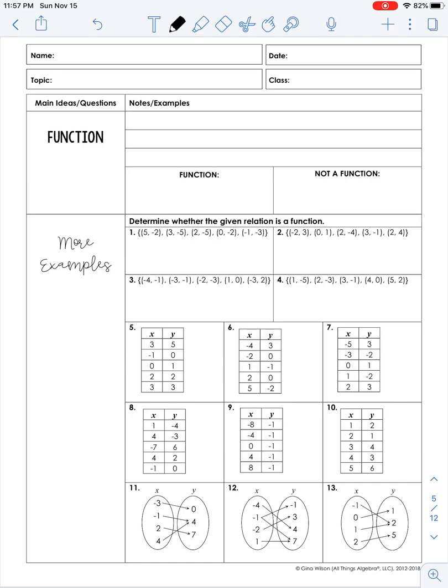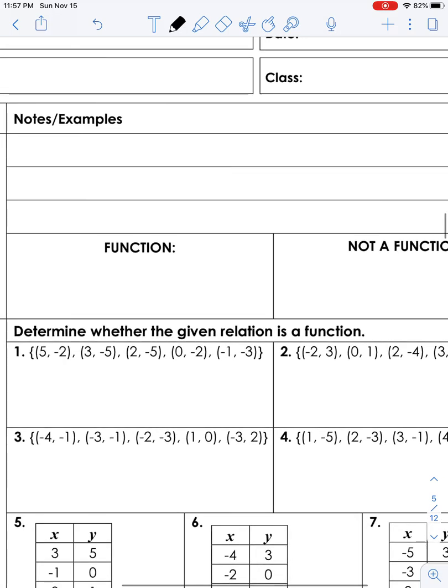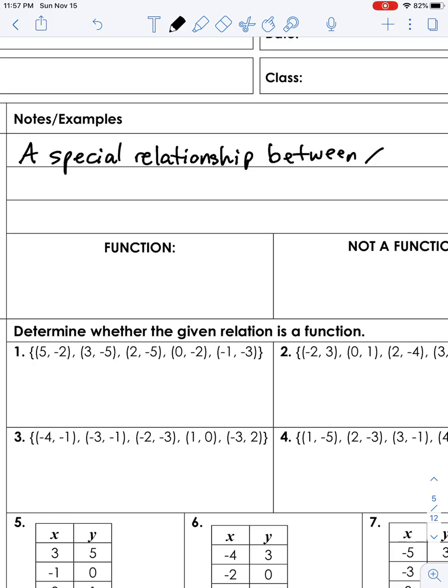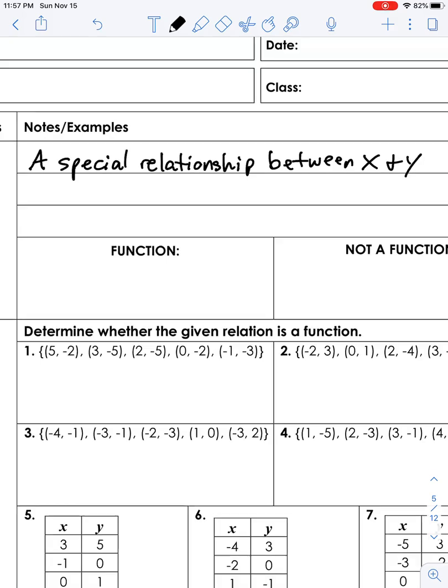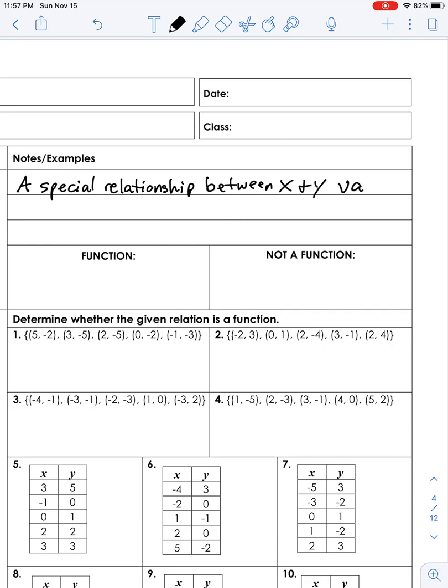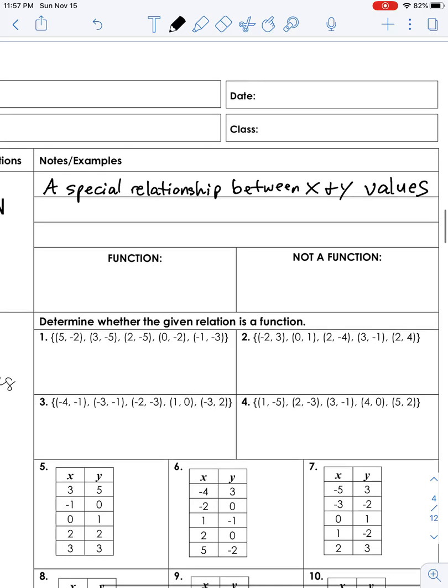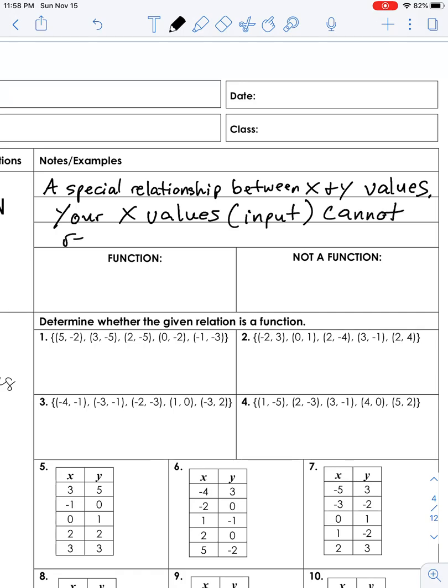Functions. Functions are actually pretty simple, okay? A function is a special relationship between x and y values, and your x values, which is your input, cannot repeat.